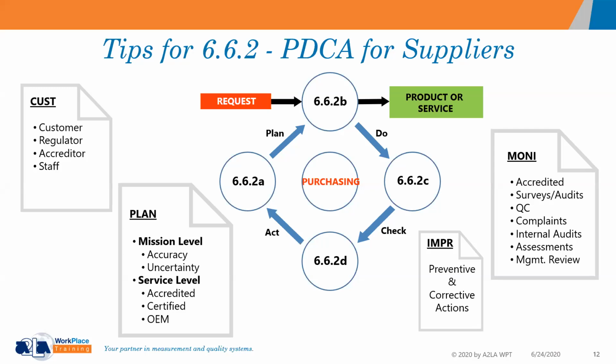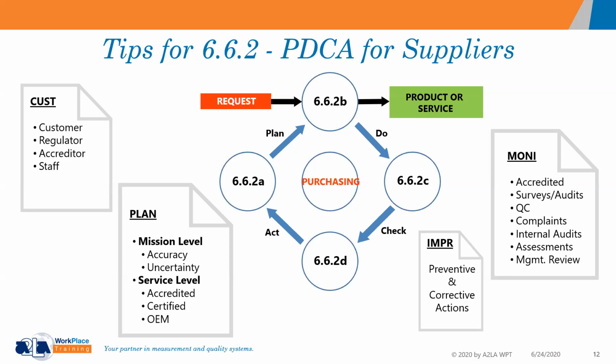And so it's kind of a loop almost, because once you go into 662D and you take action on these issues, maybe you do a reevaluation of your provider. Maybe you feel like your provider isn't meeting the defined requirements that you put in place. So maybe you want to review the requirements and criteria that you put out for that provider. Or maybe you want to take the time to review the criteria that you set in place for your products and services.